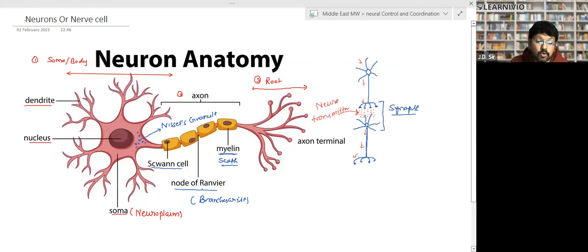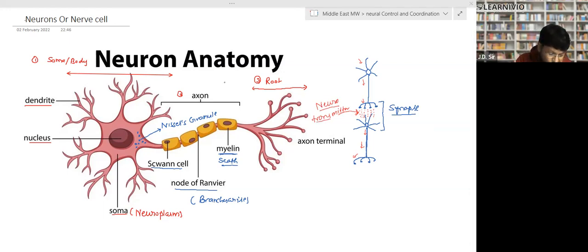These are called nodes of Ranvier. The last part is called the root, which is made up of axon terminals. The joint between two neurons is called a synapse, and transfer of signals between two neurons takes place with the help of chemicals called neurotransmitters. That's all we discussed in the last class.